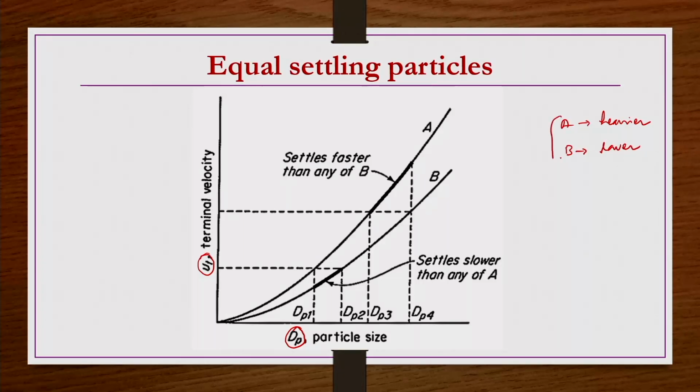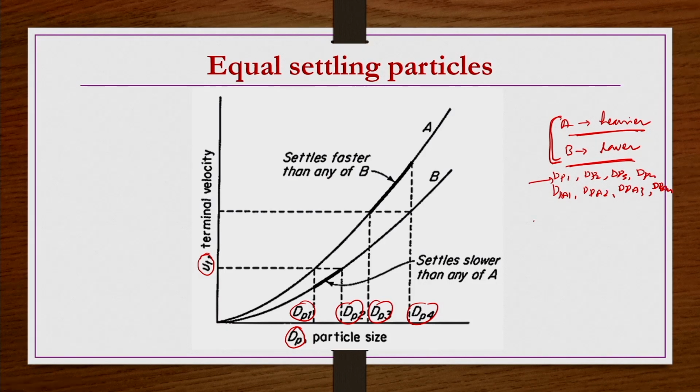These materials have different size ranges, let us say dPA1, dPA2, dPA3, dPA4. Actually, in the picture dp1, dp2, dp3, dp4 are designated here, right. What does it mean?